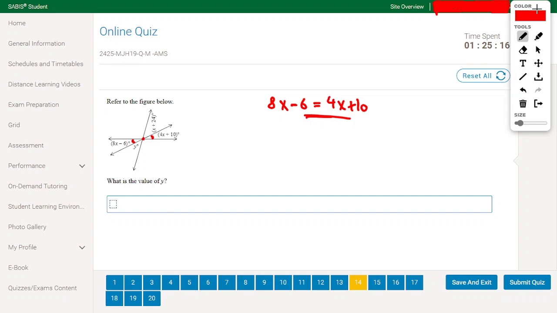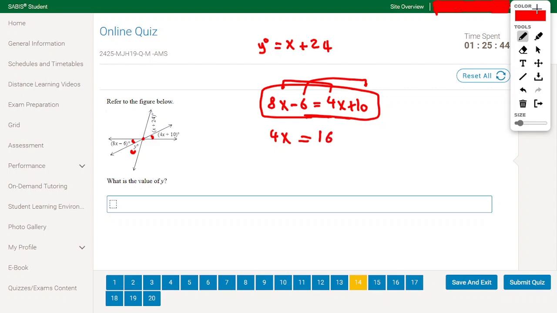Another two angles are opposite. I have y and x plus 24. I have y angle equal to x plus 24. So now let's take this first equation and simplify it. We'll move 4x to this side, so it will be 4x equal, and minus 6 will go to the other side.